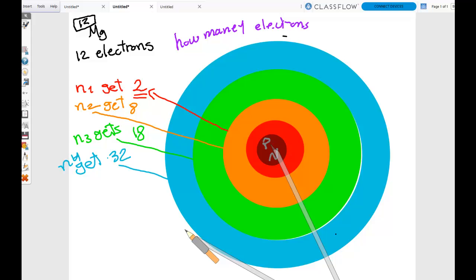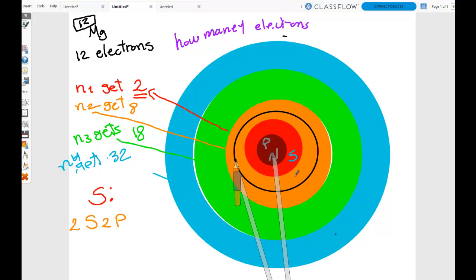The first shell doesn't have any subshells other than S, and we call it S. The second one has 2 subshells, and we call them S and P: 2S and 2P.